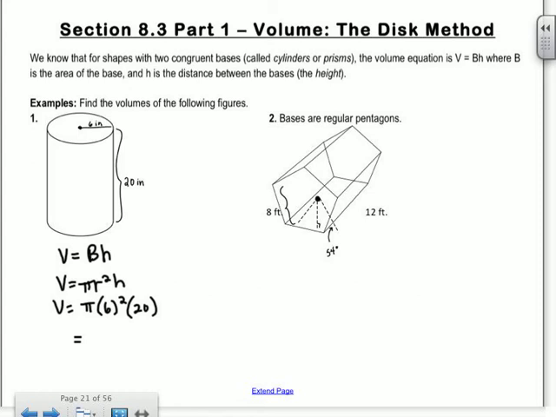So you could have 720 pi, or 2,261.947. So either answer. What are your units? Inches cubed.